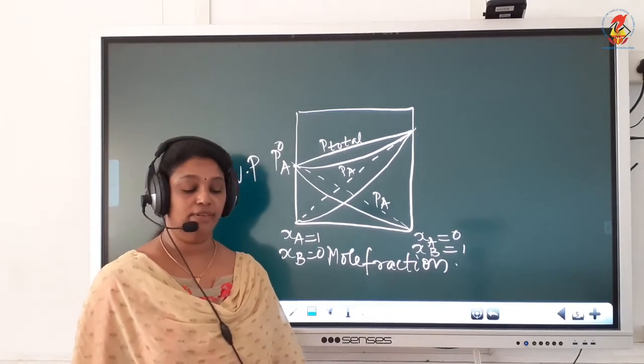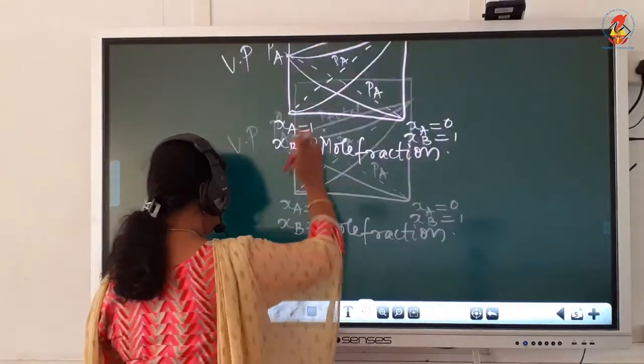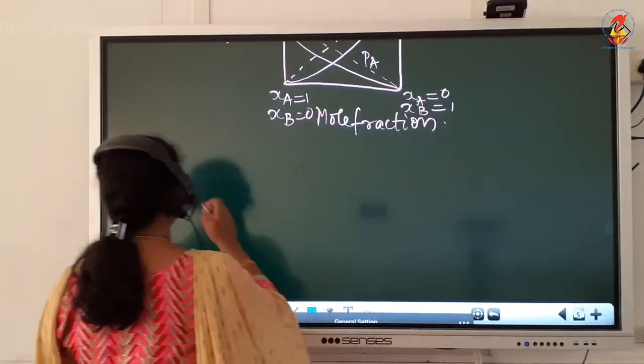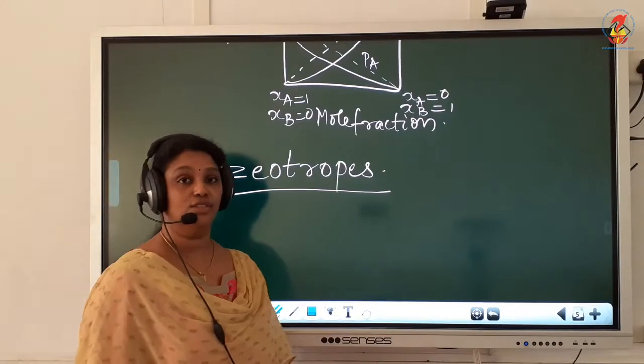Now next we have a term called azeotropes. Now, what are azeotropes?